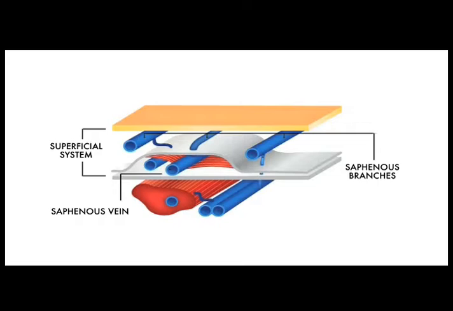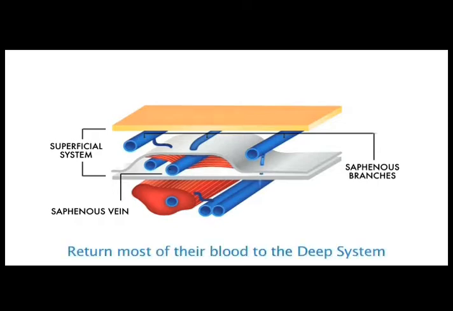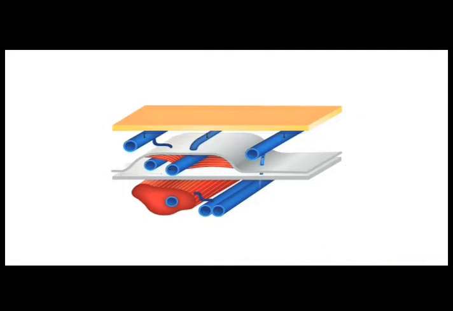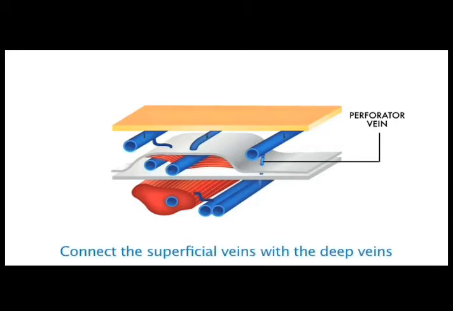These lie in the fatty tissue of the leg with no muscle around them and return most of their blood to the deep system. The perforator system consists of short veins with one-way valves which connect the superficial veins with the deep veins and, when normal, allow flow only toward the deep system.